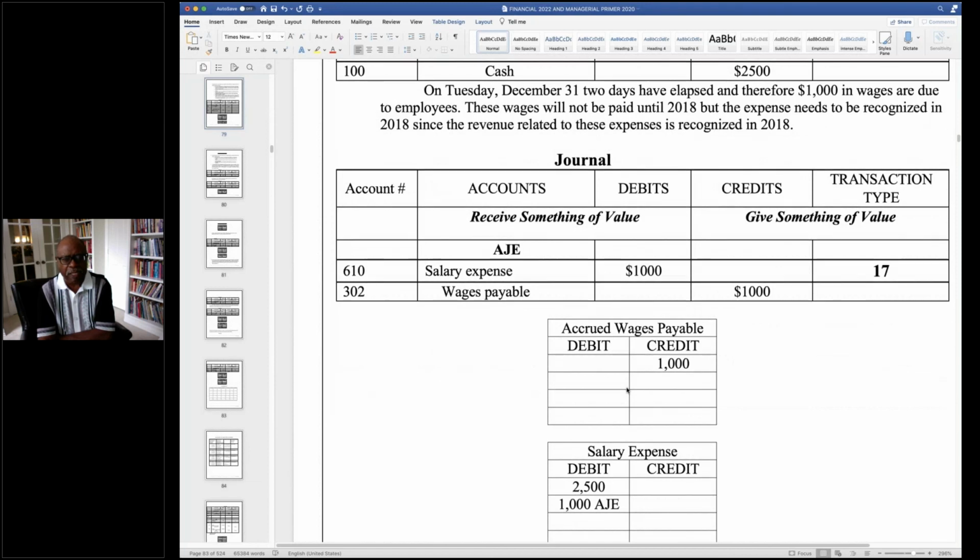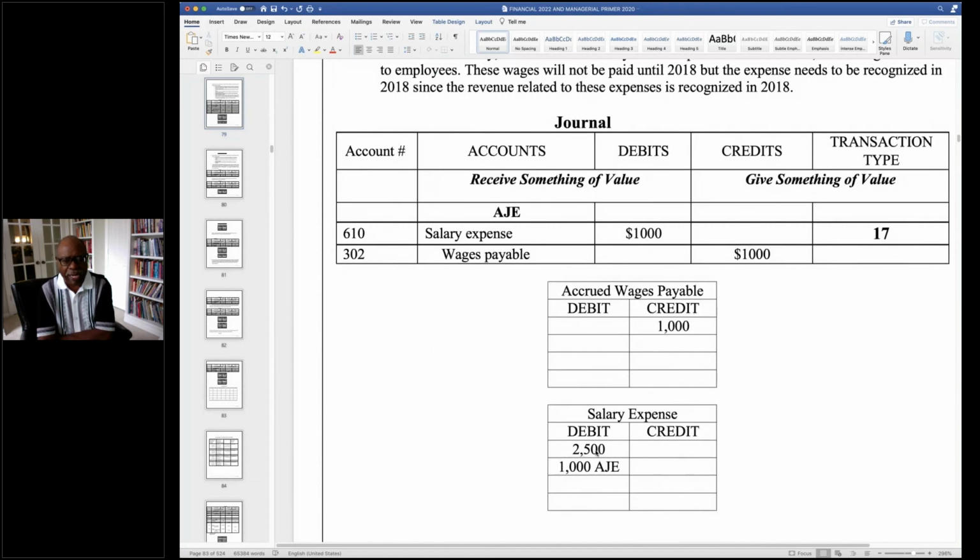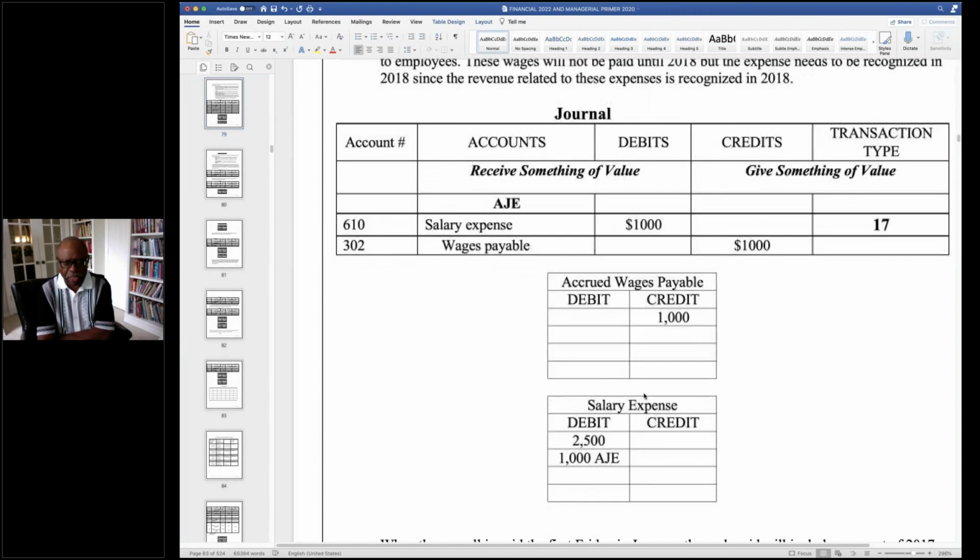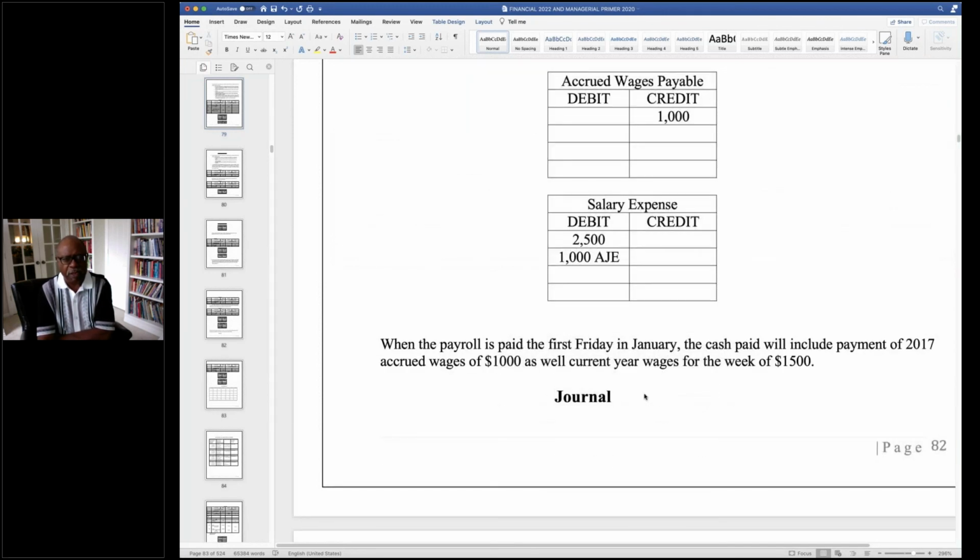And then this is how it looks. So I got the salary expense in here, the last one you regularly paid. Then I got the accrual in here for the AJE. Now watch this, Ms. Caleb. When the payroll is paid on the first Friday in January, the cash paid will include the $1,000 that was earned the prior year.